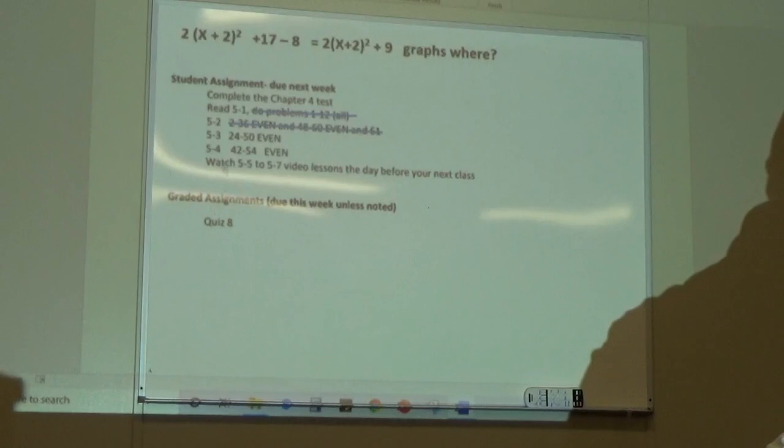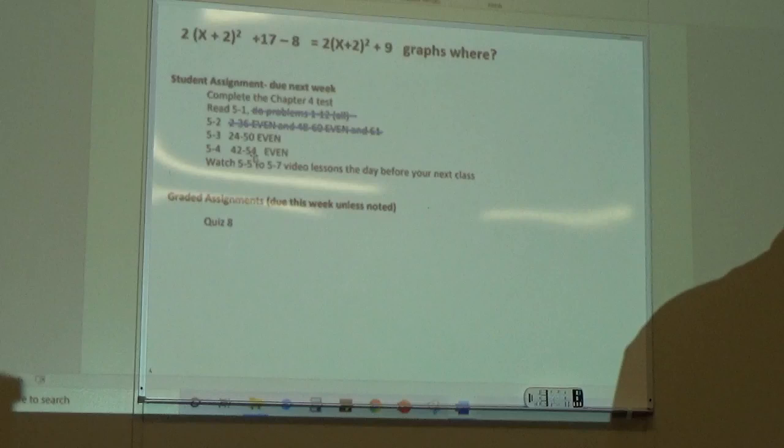Okay, so in 5.3, the assignment is 24 to 50. That's on page 187. Wait a second, it doesn't go that far. That's weird. You can do 4 to 46.